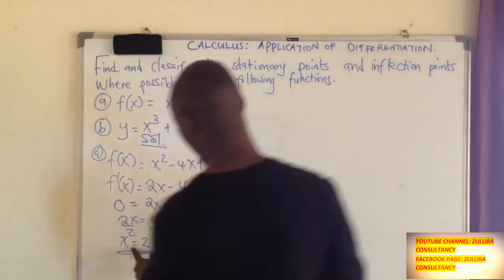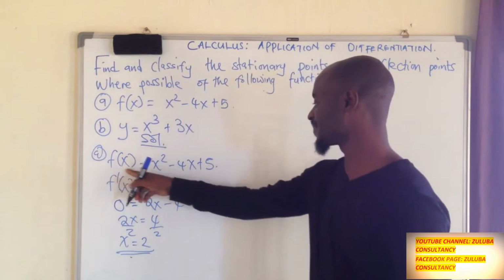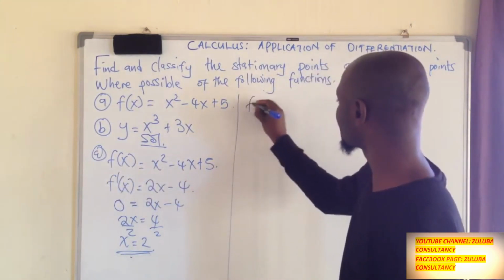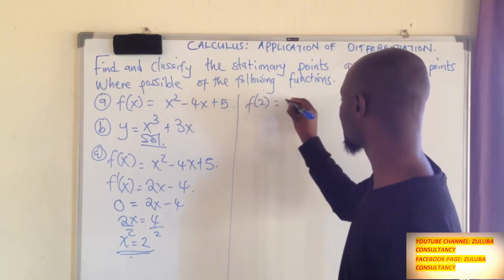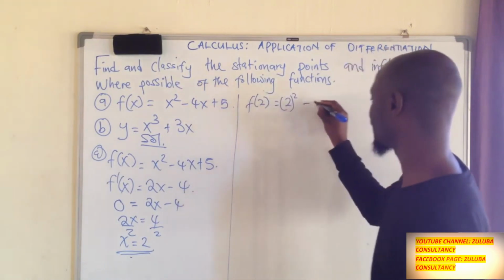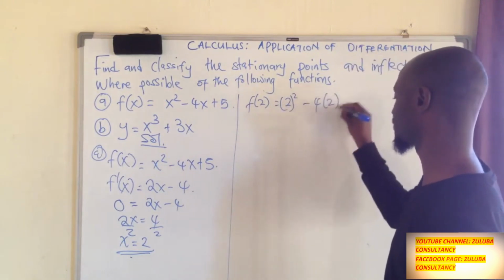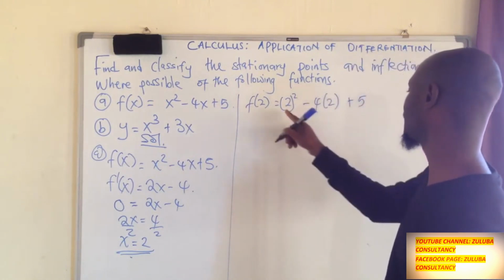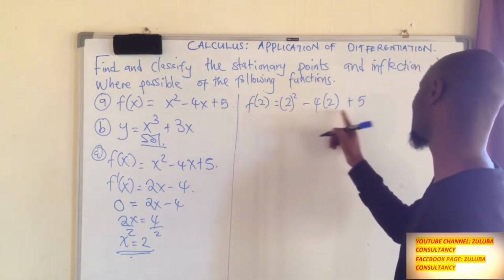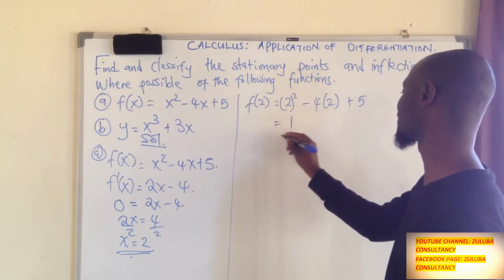So f of 2 is equal to 2 squared minus 4 times 2 plus 5. Here I get 4 minus 8 plus 5, which is equal to 1.